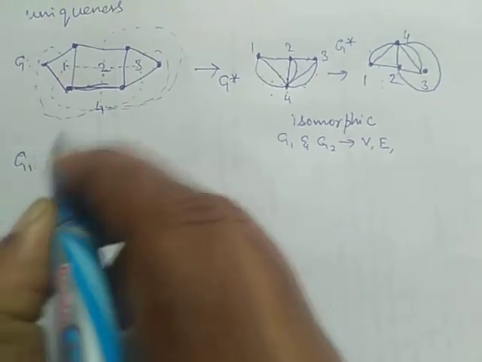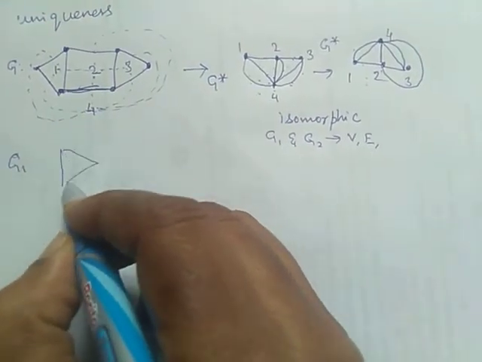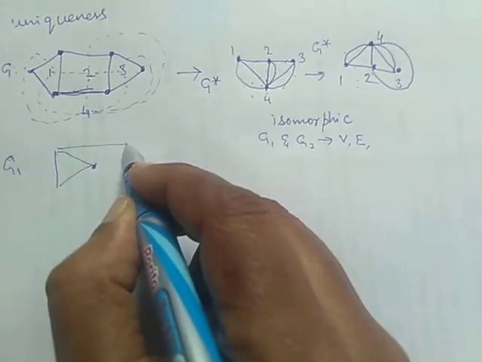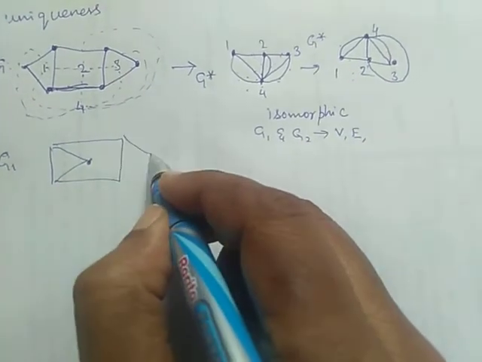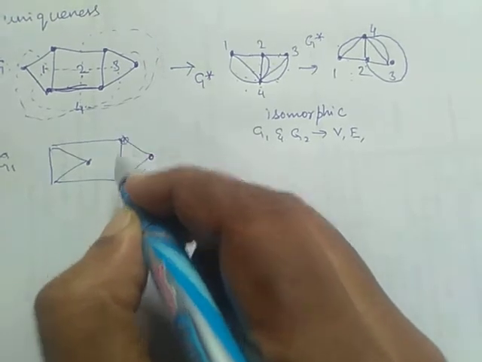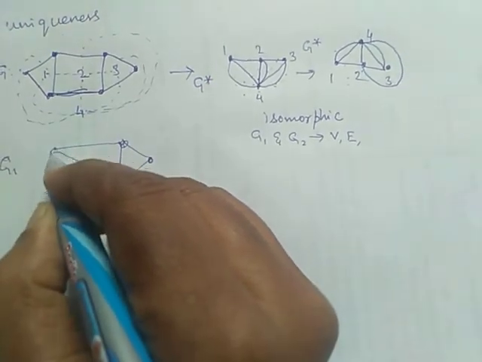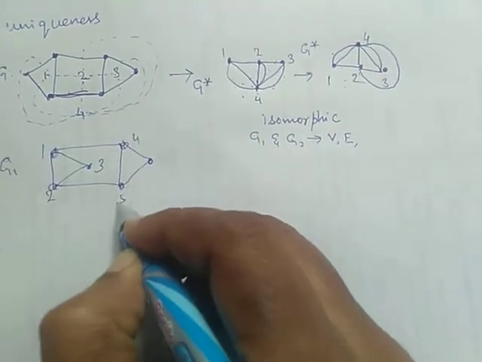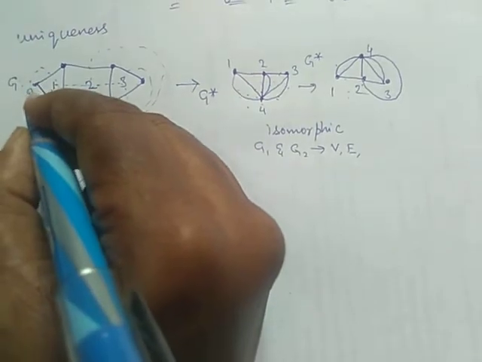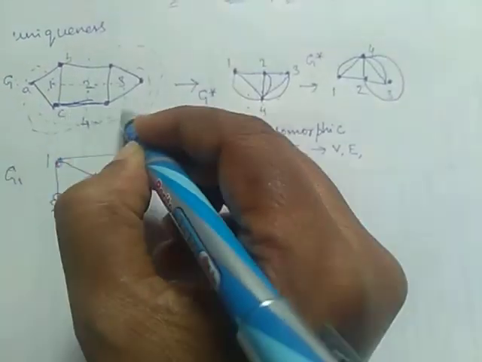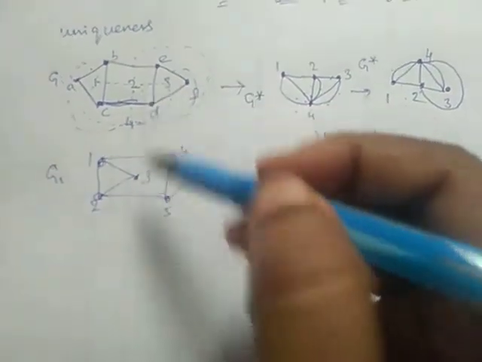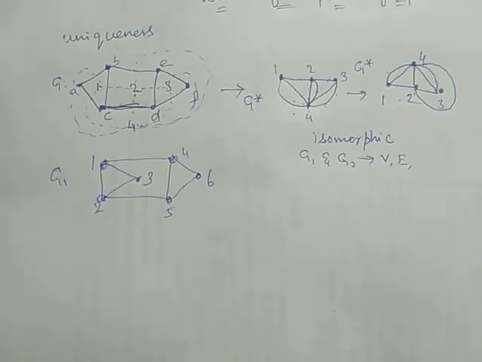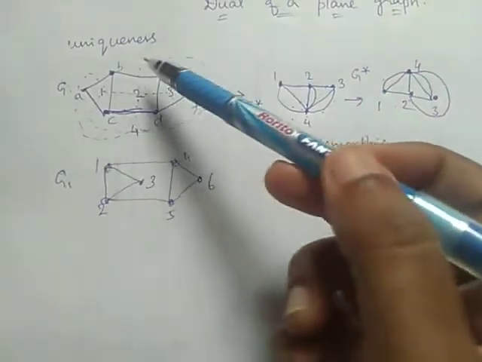I'll take it as G1. I'll draw the graph in this way.